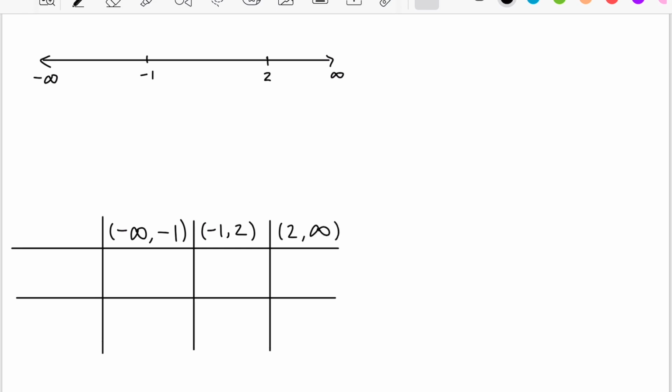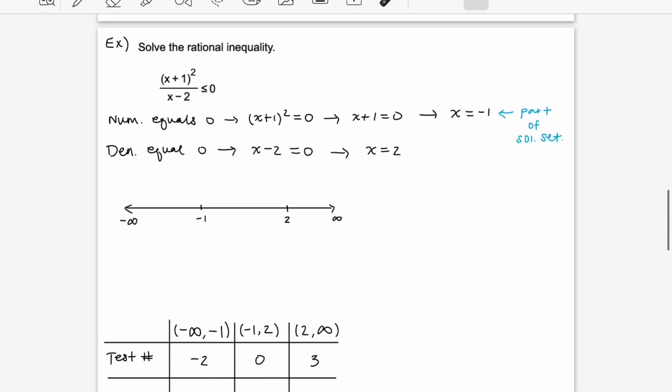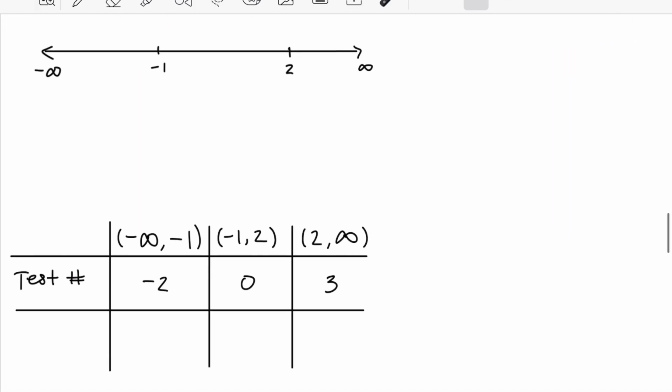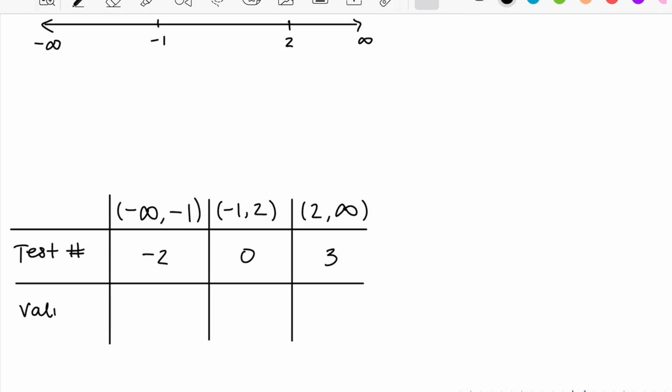And we're looking at test numbers in each of these intervals. So for this one, for example, I can choose negative 2. This one I can choose 0, and this one I can choose 3, because these are all test numbers within these corresponding intervals. And so what we want to do is plug in these numbers into our rational expression and figure out what we get. So that will be our values here.